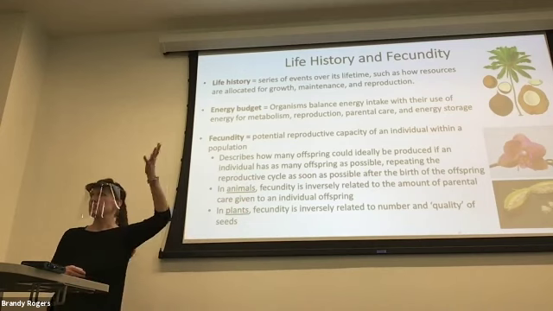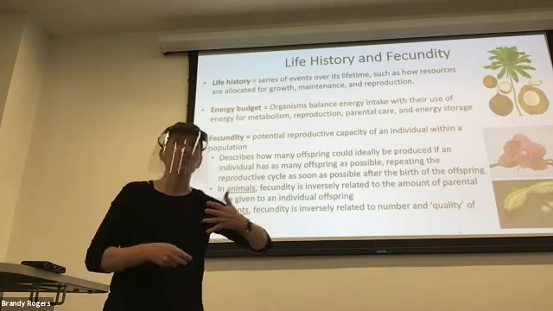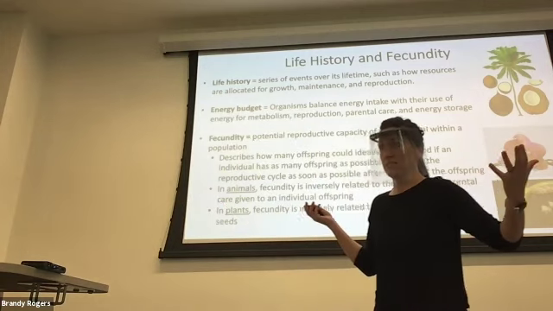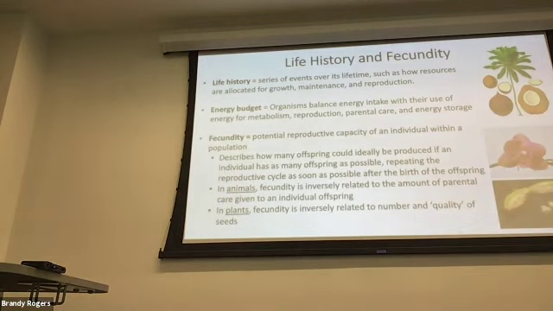So a human being's maximum fecundity is probably like 20 or more, right? But we don't do that, okay, because that's part of our life history strategy. But that's what fecundity means, is how fertile or how reproductive, what is your reproductive capacity?